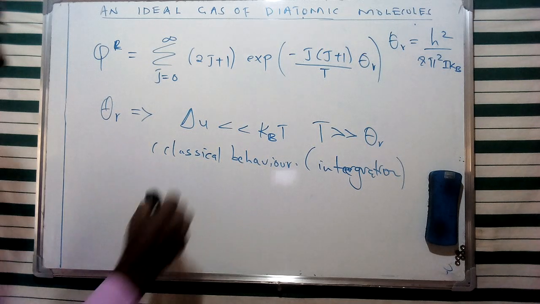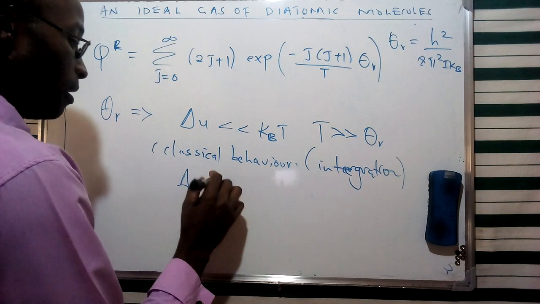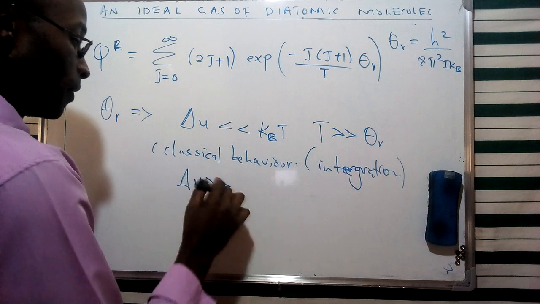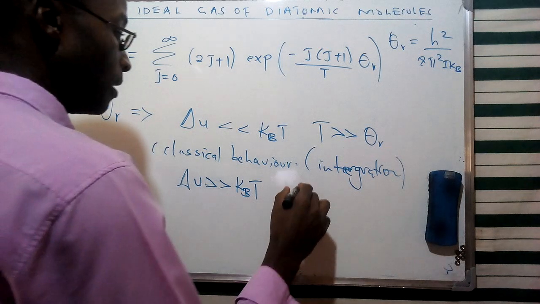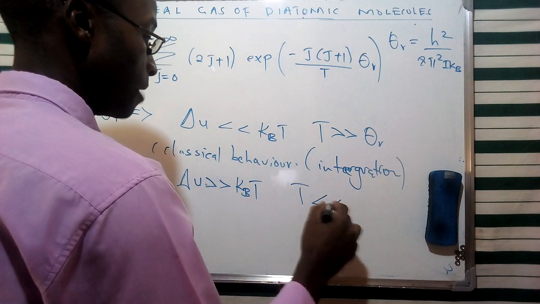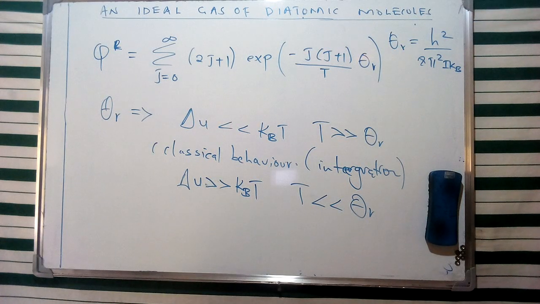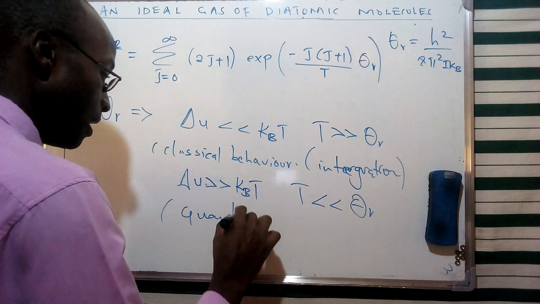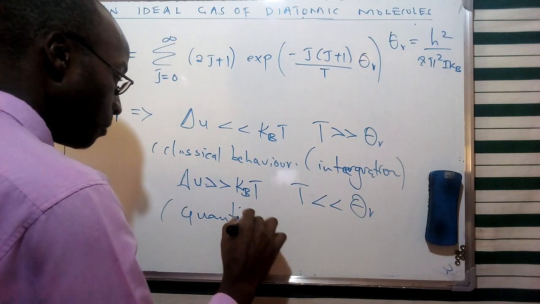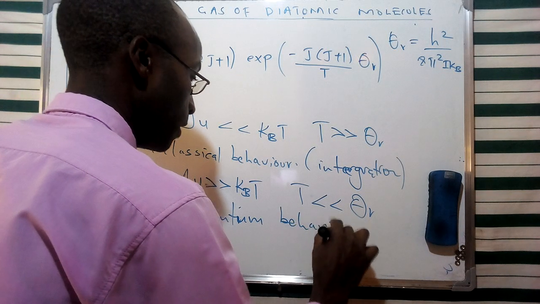So in case the value for energies for this specific delta U is much greater than the value of k_B T, this is going to imply that the temperature T is going to be much smaller than the rotational temperature, and this is going to imply a concept of summation, which is basically giving the concept of quantized behavior, and therefore this molecule is going to display the concept of quantum behavior given as such.